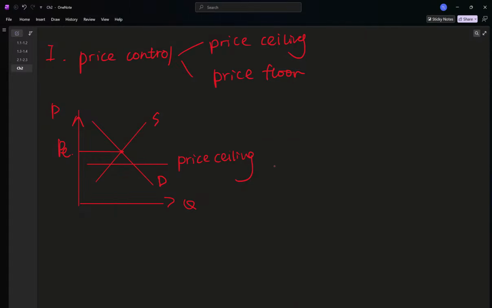But why should it be below instead of above? Not so obvious, sorry. But let's say you set it over here at the green line, what's the point? It will naturally settle at the equilibrium price. What's the point of setting it even higher than the equilibrium price? It doesn't mean anything.